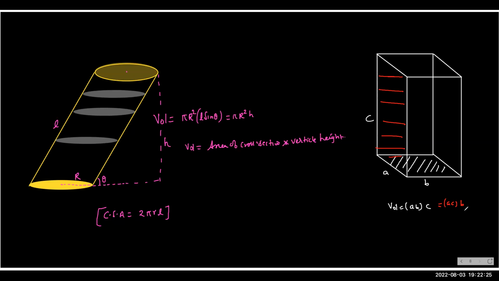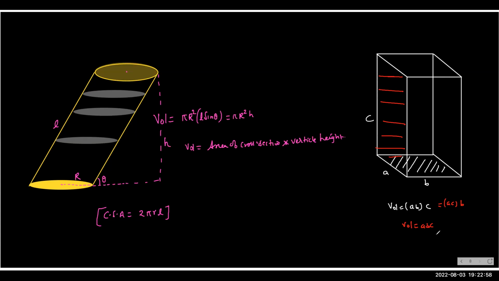No matter which side you take as a base, the cross-sectional view is maintained throughout. And therefore, the answer always turns out to be ABC. The pattern is called the constant cross-sectional area pattern. So wherever we have a constant cross-sectional area object, the volume will have a similar definition.